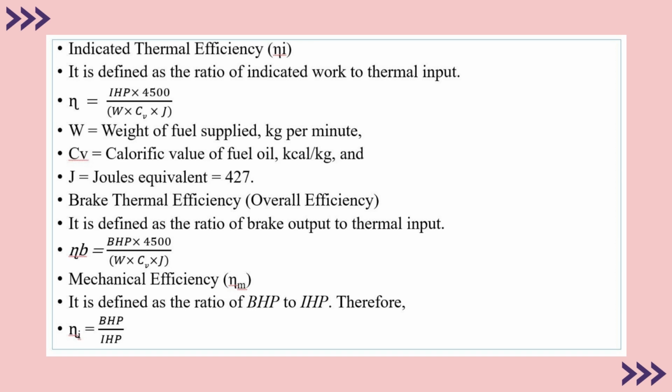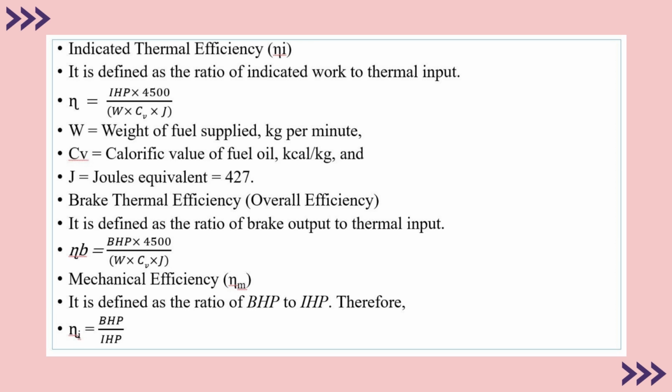So in denominator we have weight of fuel multiplied by calorific value of fuel, and at the numerator we have indicated horsepower. So it will be indicated thermal efficiency. For brake thermal efficiency, in the numerator we will be having brake horsepower, and in the denominator it is again the same. Then comes the mechanical efficiency.